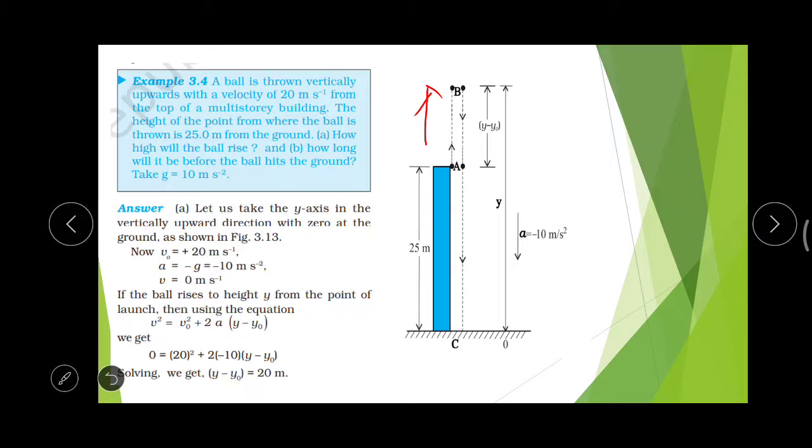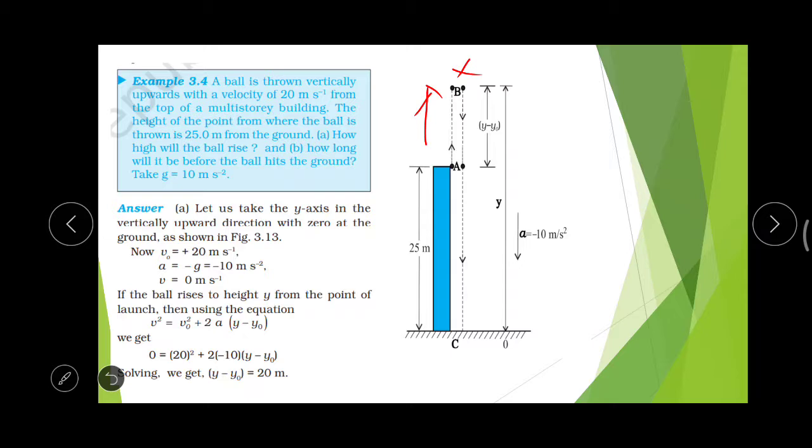Its motion is in the positive direction, but its velocity is decreasing, that is in the negative direction, and at a point it will become 0. The velocity with which the body is moving upward will become 0, and it starts coming down.